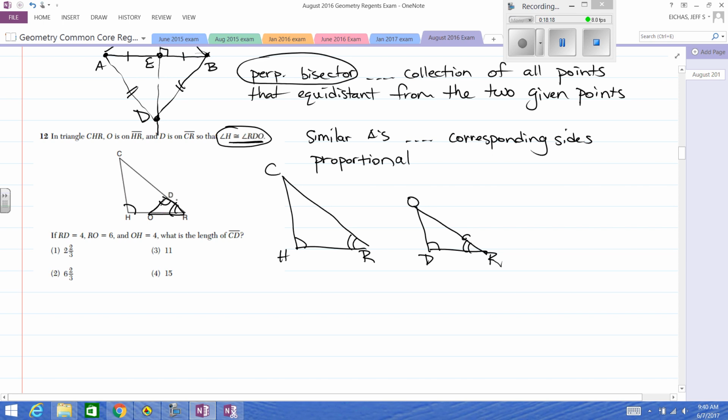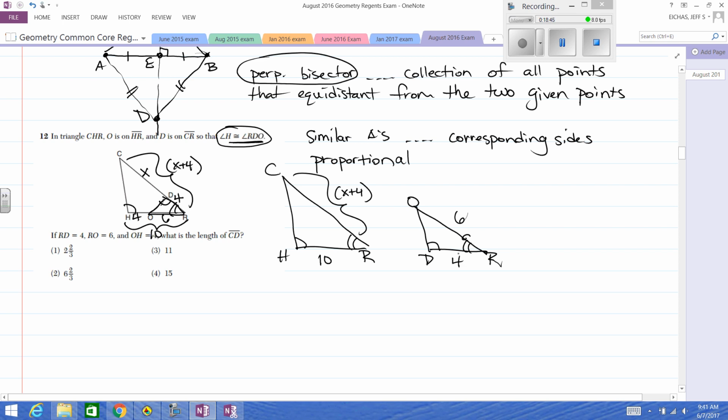RD is 4, RO is 6, OH is 4. So they're basically saying that's 10. If that's X, this is supposed to be X plus 4. All right, so let's put these numbers back over here. So HR is 10, CR is X plus 4, OR, now be careful, we flipped this, so it's 6, and RD is 4.